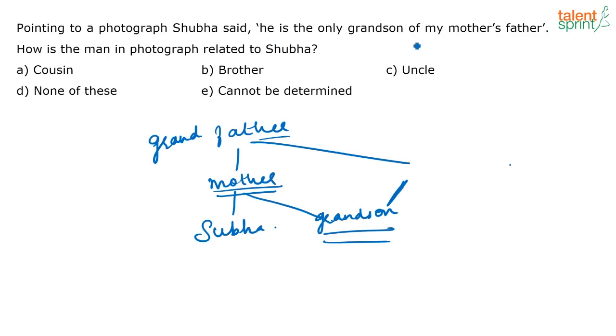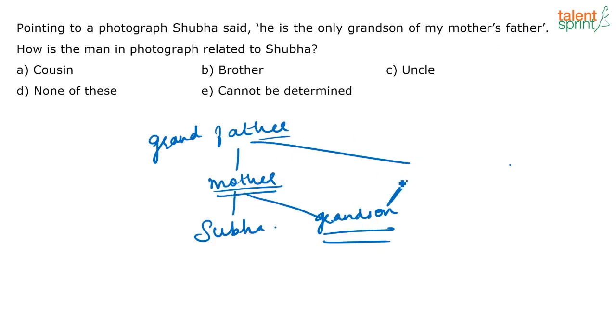He is the only grandson of my mother's father. If they had mentioned in the statement that Shubha's mother is the only child, then I can say for sure this person is Shubha's brother directly. Now I don't know for sure if the grandfather has one more child.